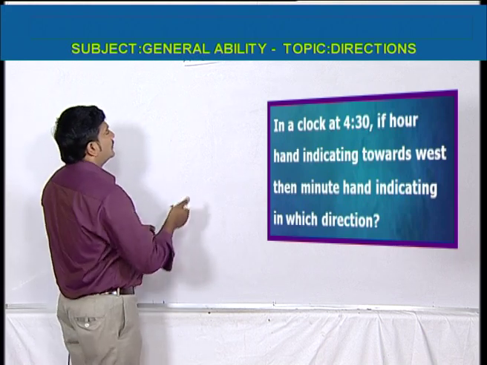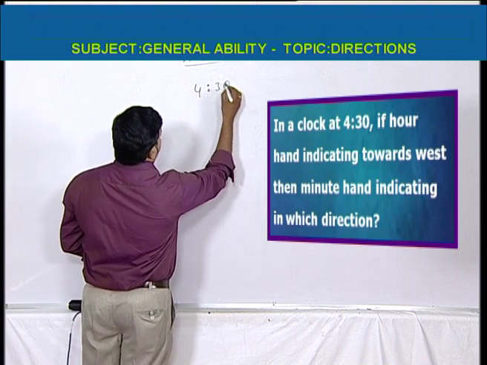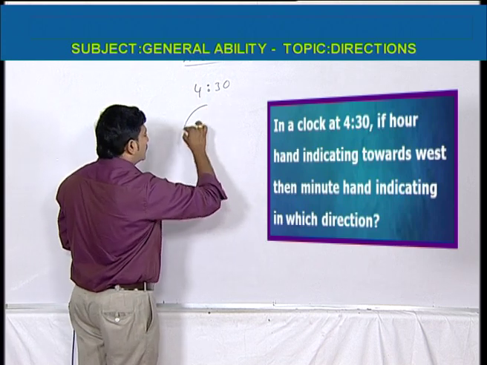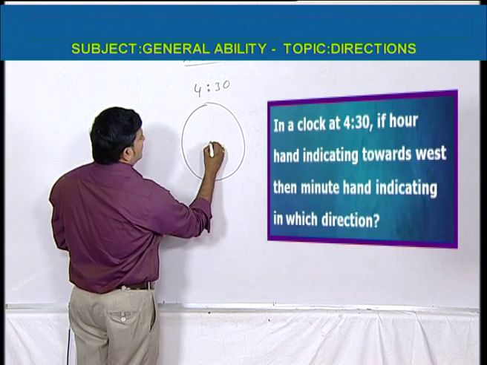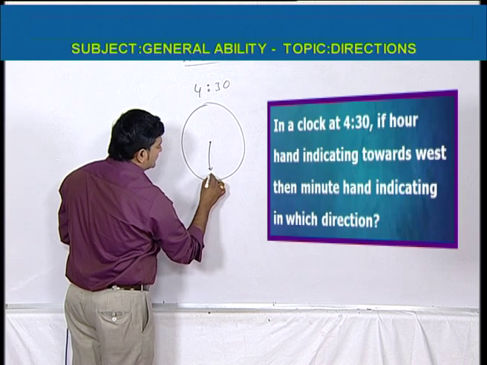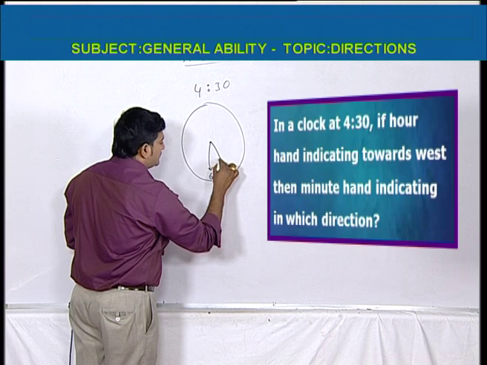To solve this kind of question, first we have to find out the actual directions at 4:30. For example, at 4:30 the minute hand must be at 6, and the hour hand must be in this position.